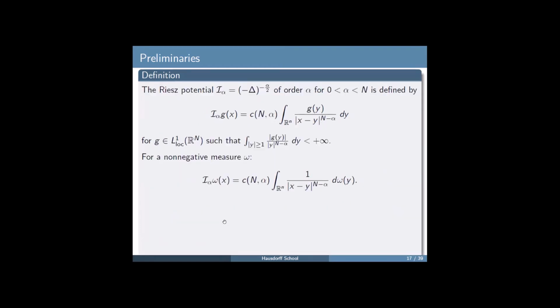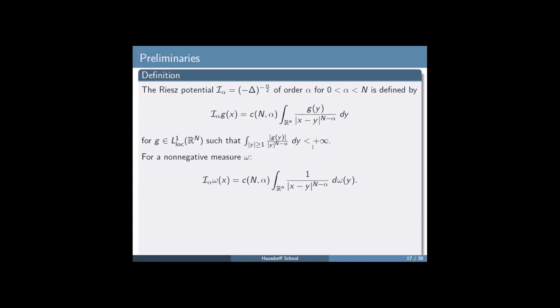So before showing the main result, let me remind you the definition of Riesz potentials. The Riesz potential of order alpha, alpha between 0 and n, is defined in this way for any locally integrable function g such that this condition is satisfied.